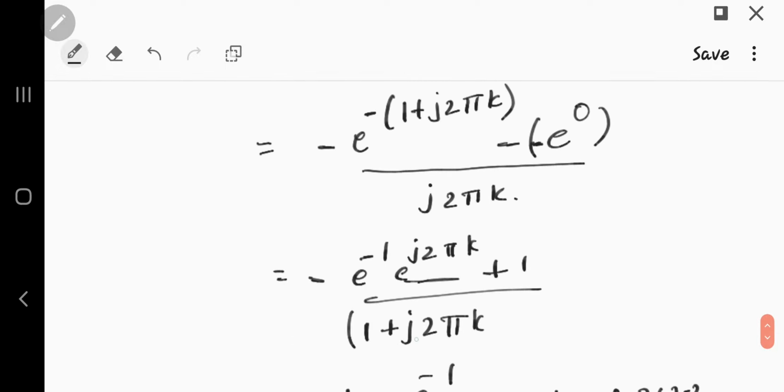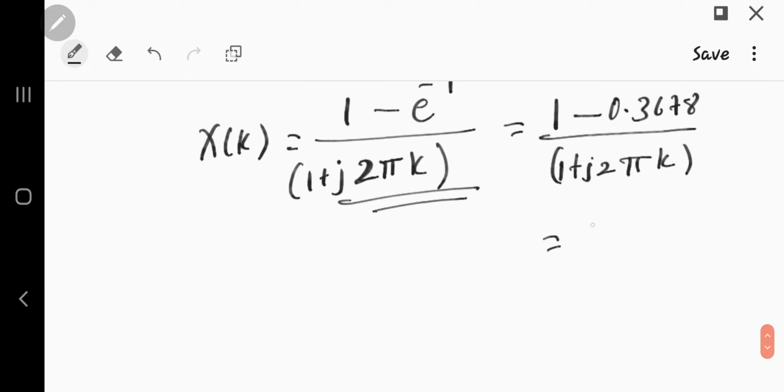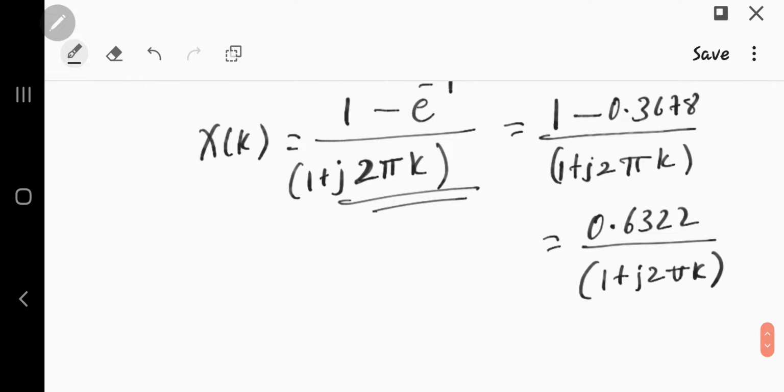I forgot this 1 plus in the denominator, which I forgot to mention. So 1 plus j 2 pi k. Let me keep it simple. So 0.6322 divided by 1 plus j 2 pi k. Okay. So now this is x of k here in the simplest form.